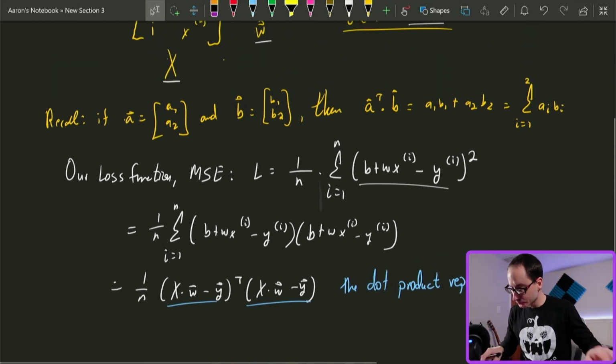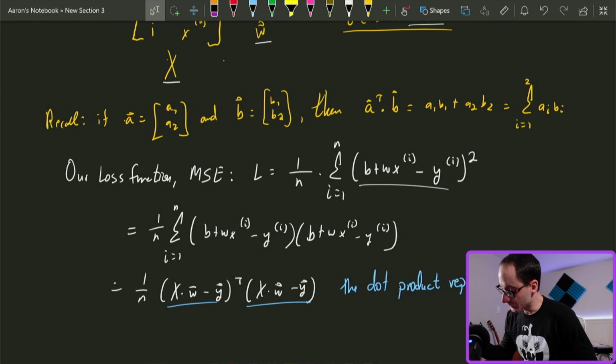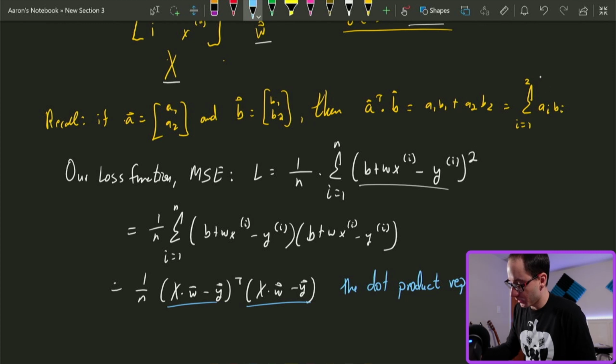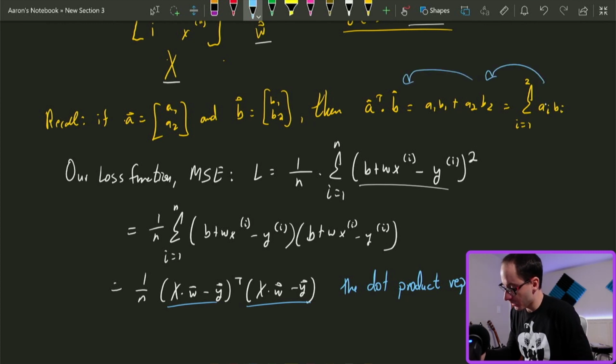Okay, so the summation of the product of two things can be written, if I reverse engineer from here to here, as the dot product of two vectors. So I basically take this piece, writing it with that vector notation, x dot w minus y.